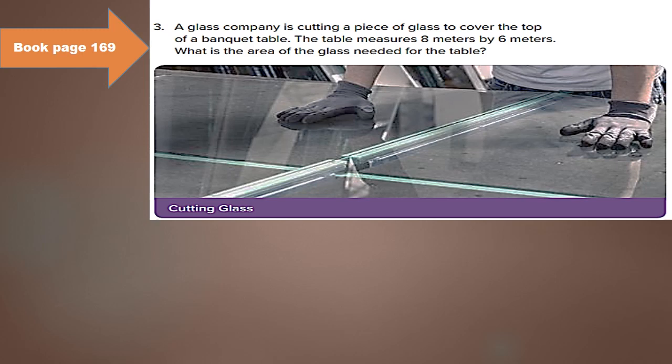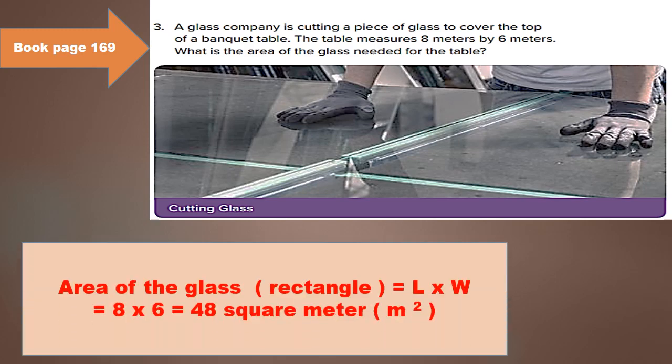The glass is in the shape of a rectangle, because we have dimensions. Dimensions mean length and width. So the area equals length times width. 8 times 6 equals 48 square meters.